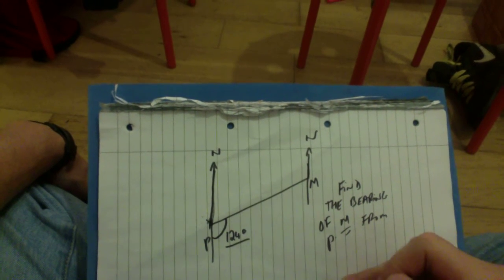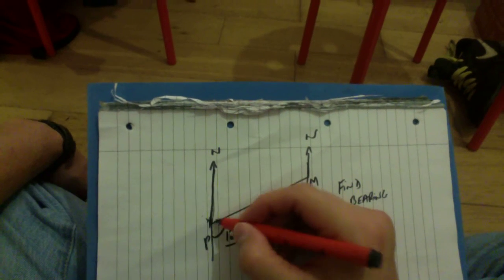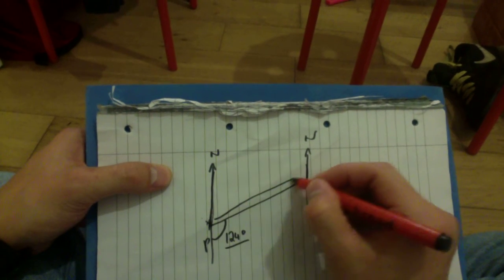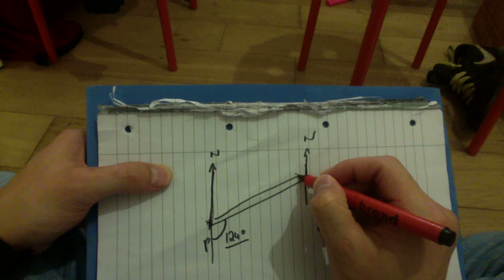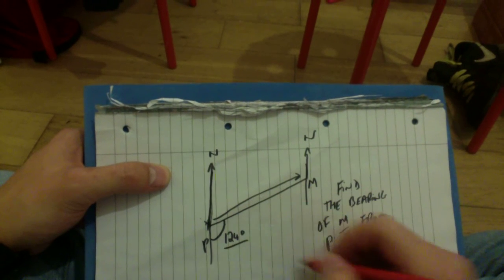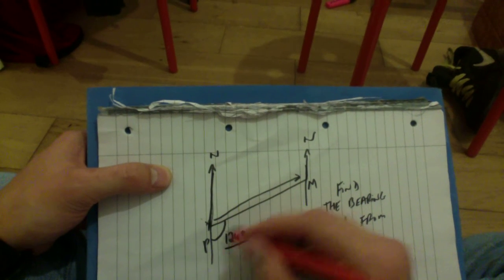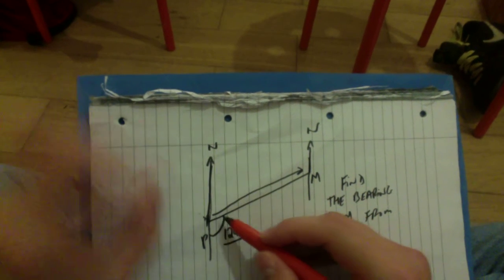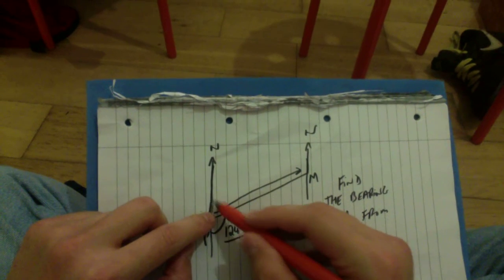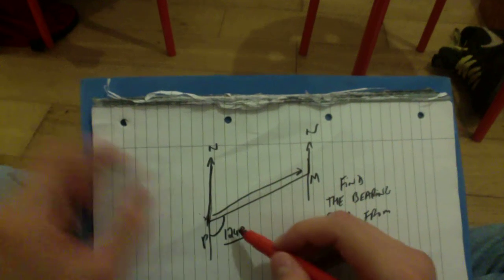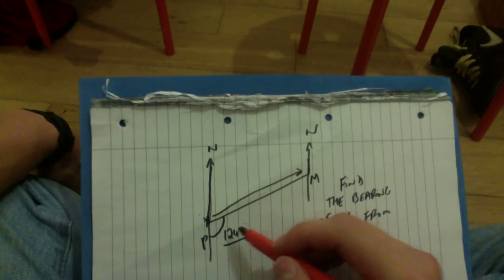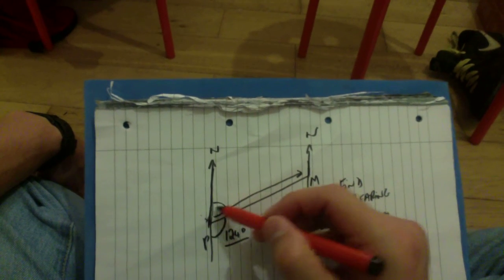You need to work out this trajectory, not this one. This will give you the completely wrong answer. You need to work out this angle here, this interior angle here. But 124 is very useful because it helps you work out what the angle is here.